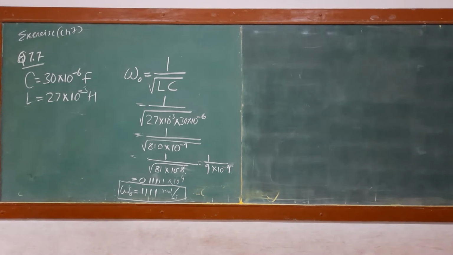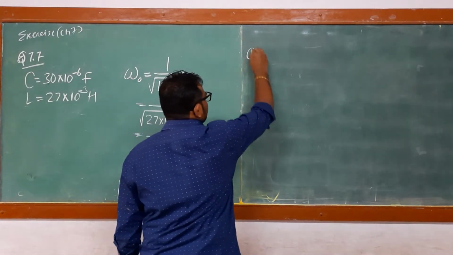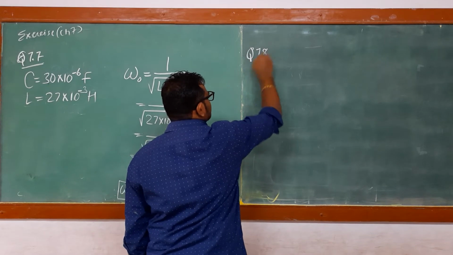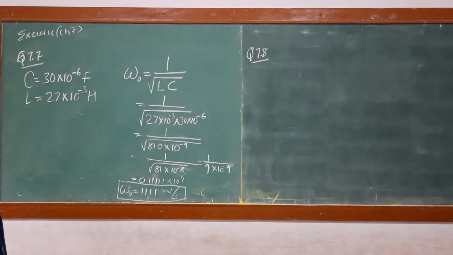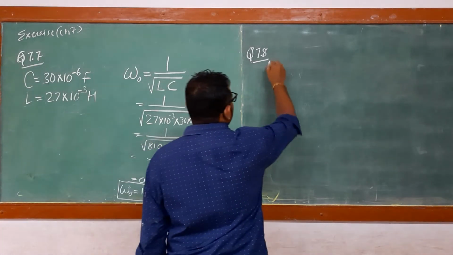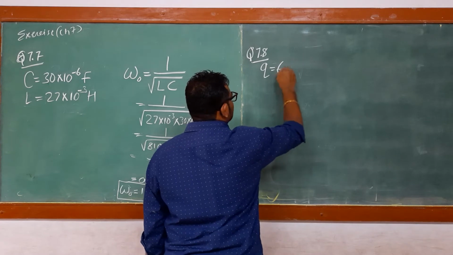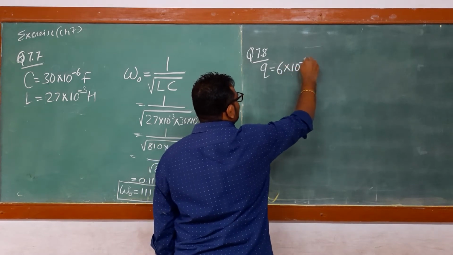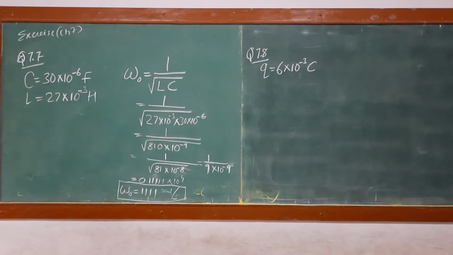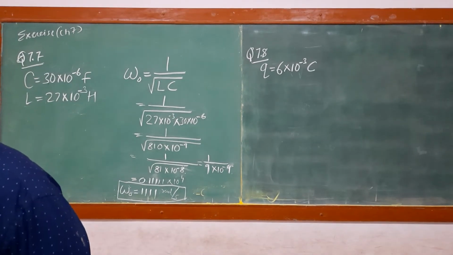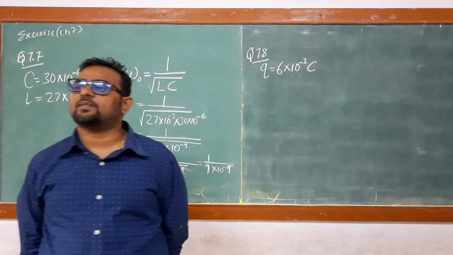Now let's see question 7.8. Suppose the initial charge on the capacitor in question 7.7 is 6 millicoulomb. Means the charge is equal to 6 into 10 raised to minus 3 coulomb. What is the total energy stored in the circuit initially, and what is the total energy at a later time?